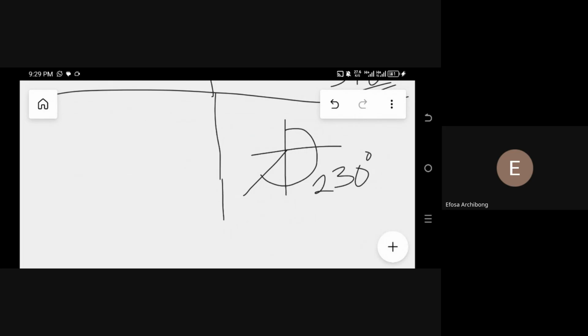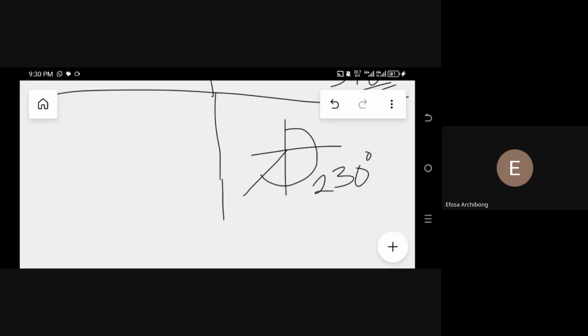Now take note that three-digit bearings are read from the north down until we get to that line, which is where the object is located. So this three-digit bearing was read from the north down to the southwestern part. What we got there was 230 degrees.